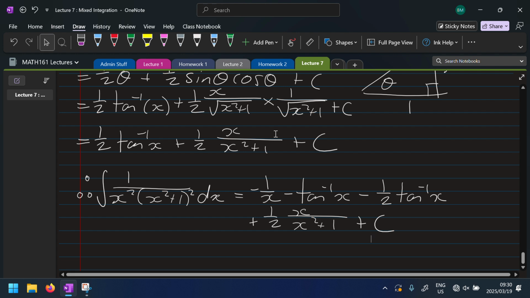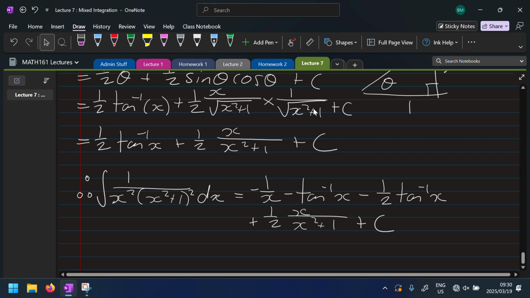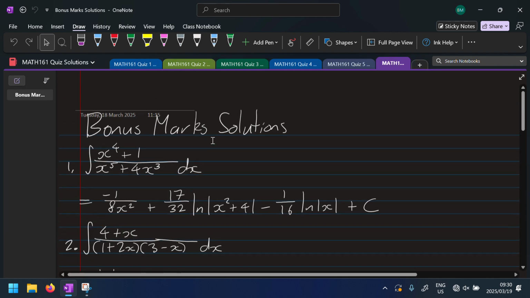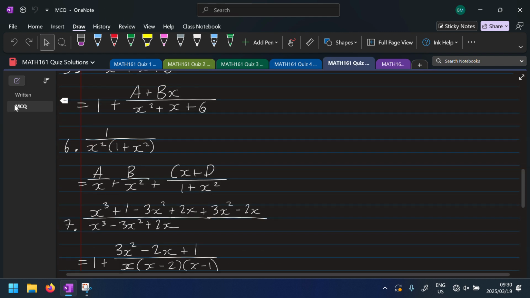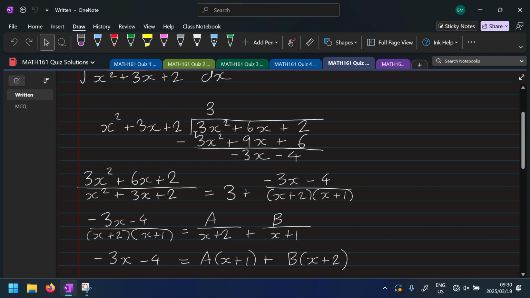That reminds me, a lot of you in the quiz did some side working for an integral, and then you underlined that as your final answer. You left out parts previously. If we go to just quickly the solutions, not the bonus, this one here. So here, we had the 3 and then everything else.